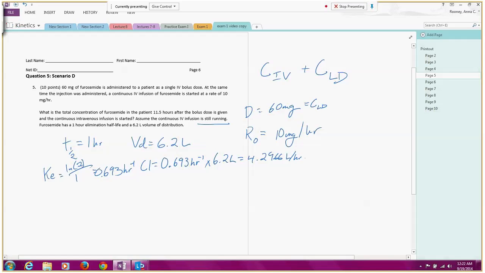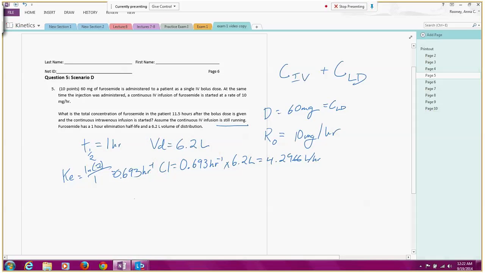Okay, so now we have all the pertinent information that we can enter everything into our equation. So I'm going to start out with the concentration loading dose.